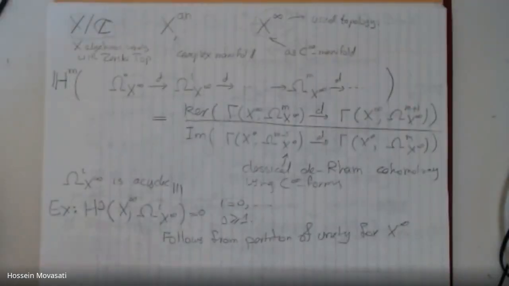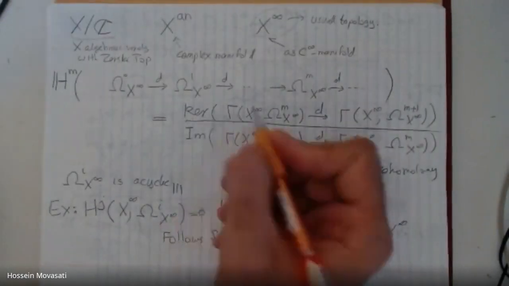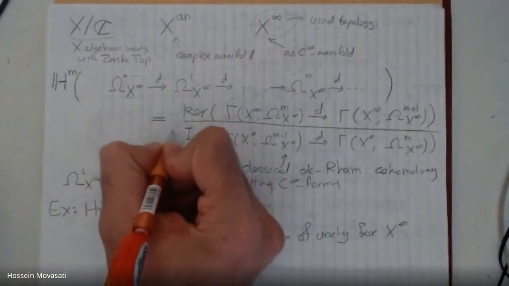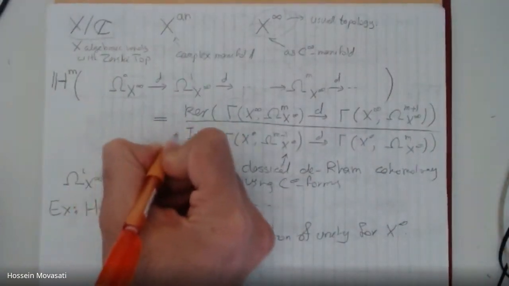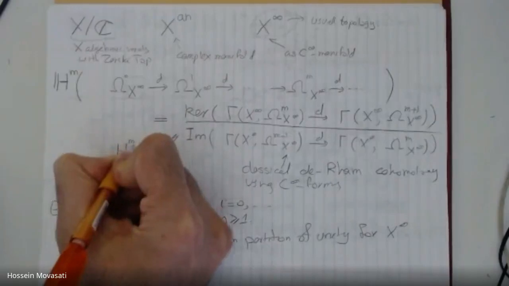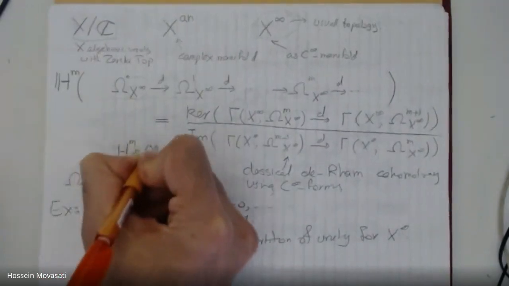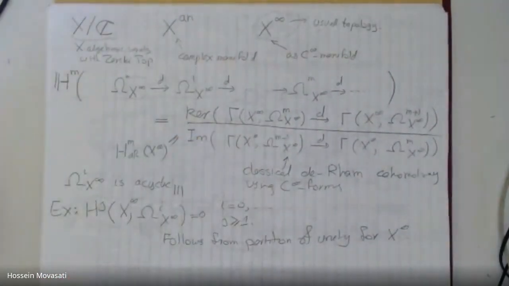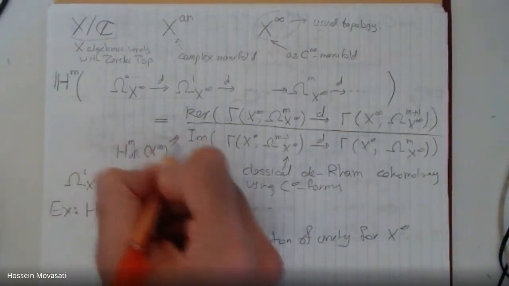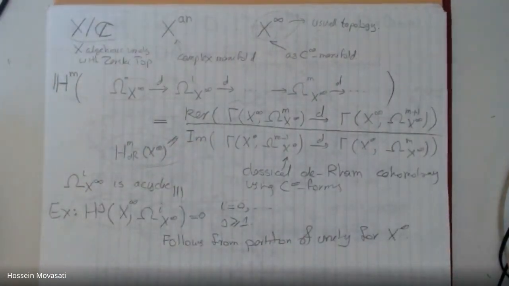Let me introduce some notation. Let's call this one H^m de Rham of X infinity. This is the usual de Rham cohomology.